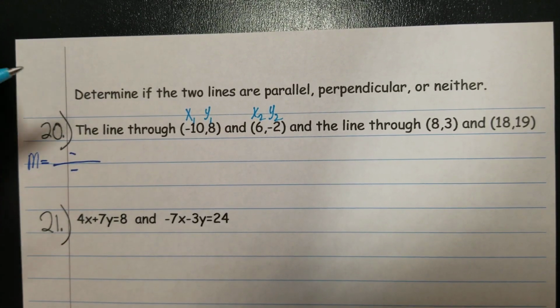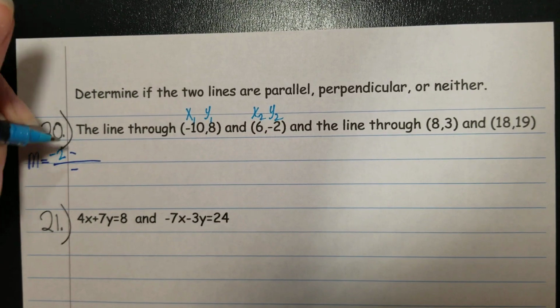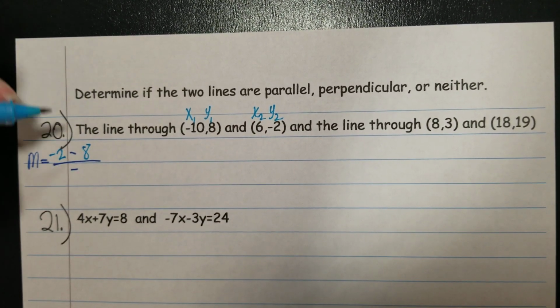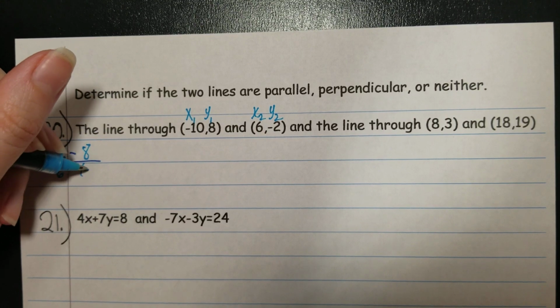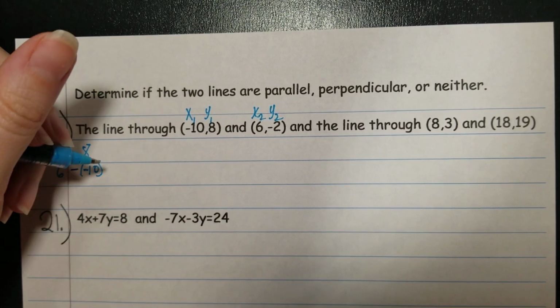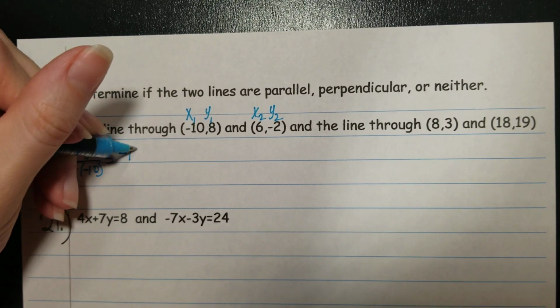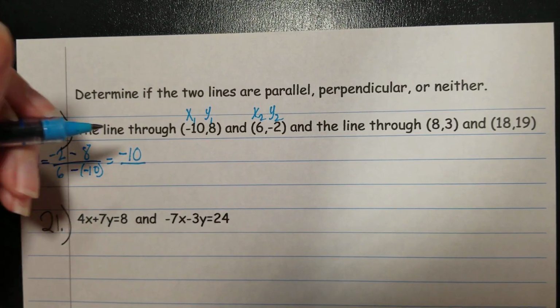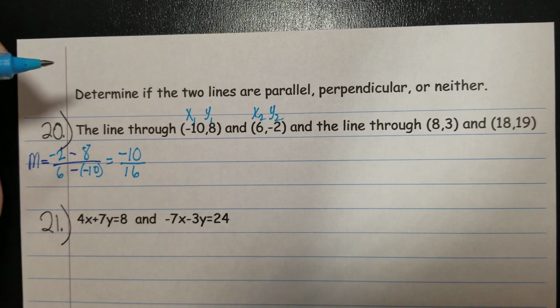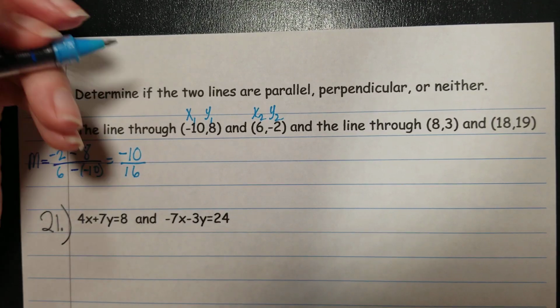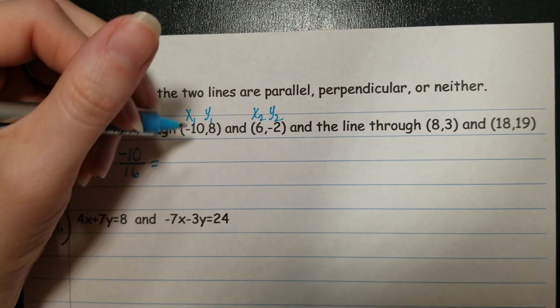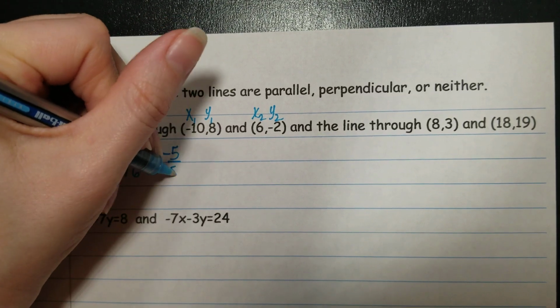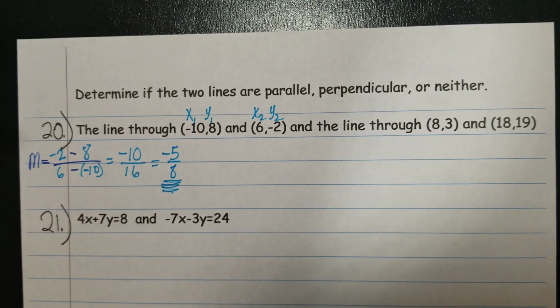So, okay, that'll be -2 minus 8 over 6 minus -10. So that would be -10 over, so minus a negative makes it a plus, so that's 16. So -10 over 16, and then I'm going to reduce it. So it's going to be -5/8. Okay, so there's that slope.